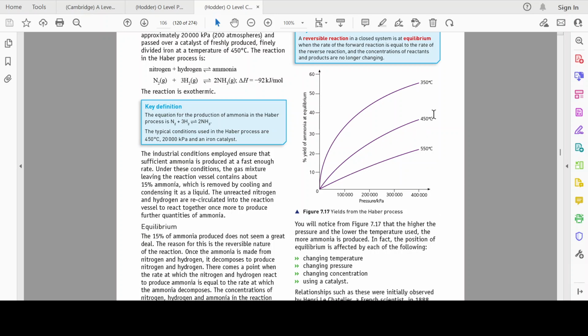You're not getting as much percentage yield of ammonia as equally at 350. At 20,000 kilopascals it's actually pretty low. They mention over here that the yield of ammonia is only 15%. So there's a lot of unreacted nitrogen and hydrogen, and that's recirculated to keep on producing more ammonia. But in one go, only 15% of the nitrogen and hydrogen is reacting to give you ammonia, which is very low. So you're talking about 20,000, way down here.